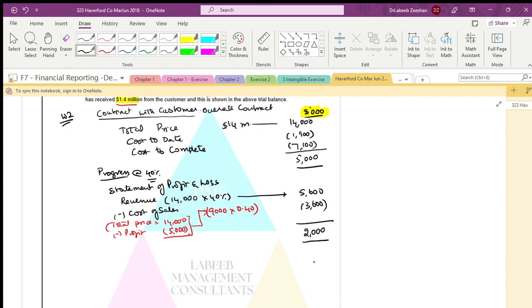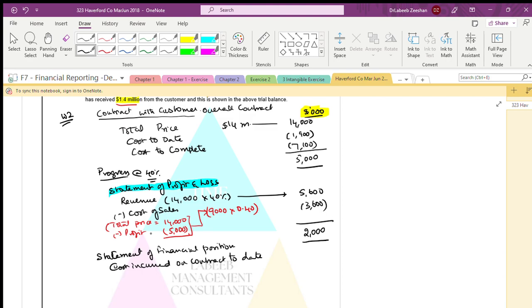Next, how we have to show this amount: we are going to show it in the statement of profit and loss. In the statement of financial position, the cost incurred on contract to date is given in the trial balance.